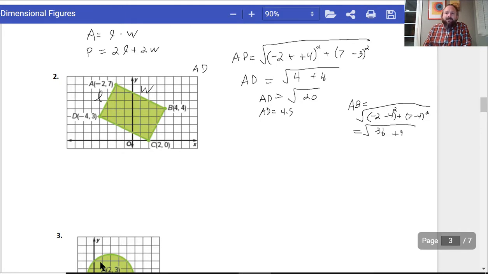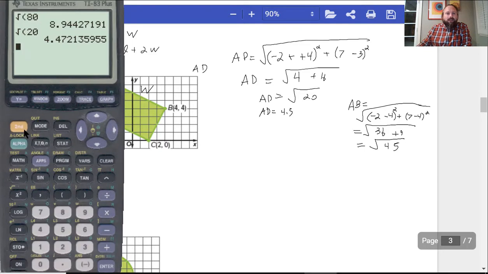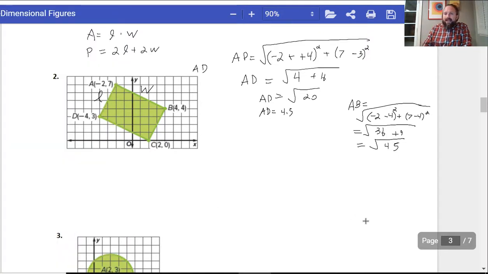So we're going to have to find out what is the square root of 45. Taking out my handy dandy calculator, I do the square root of 45, and I get 6.7. So AB equals 6.7.